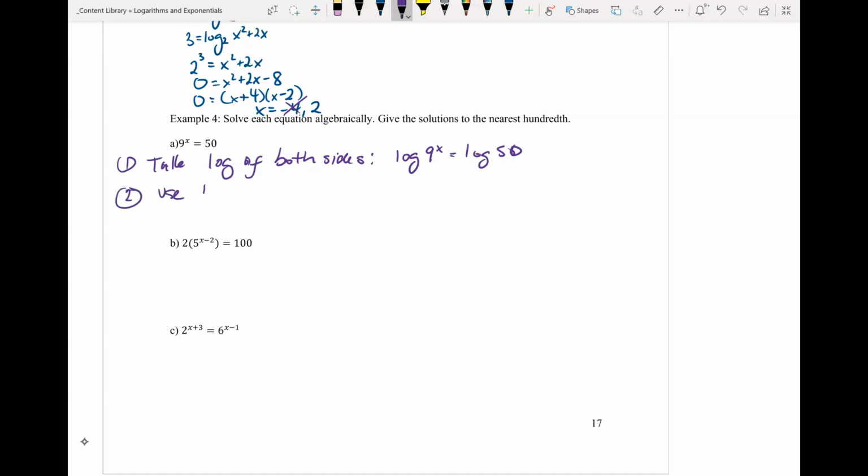So I'm going to use laws of logarithms. I'm going to bring the x down because it was an exponent. This is from our power rule. Next thing I'm going to do is isolate x. I'm going to do that by dividing both sides by log 9.